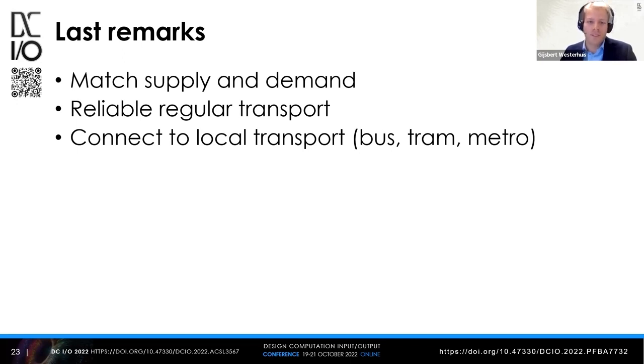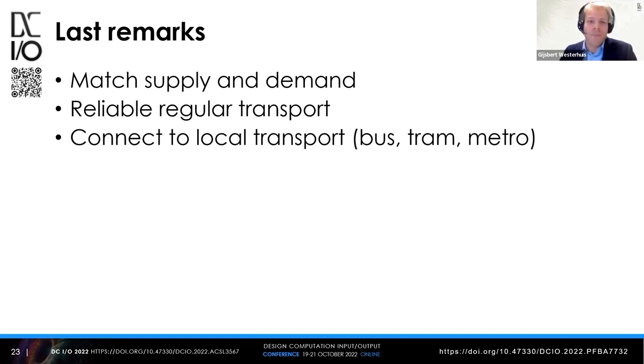The train only departs if it's full, so it reacts on demand. And that's also why it's difficult to plan freight trains. So we try to hope for a match between supply and demand, but we also want a reliable, regular transport. If we go to 4 trains every hour, we must keep 4 trains every hour, because otherwise passengers don't know when the train is leaving.